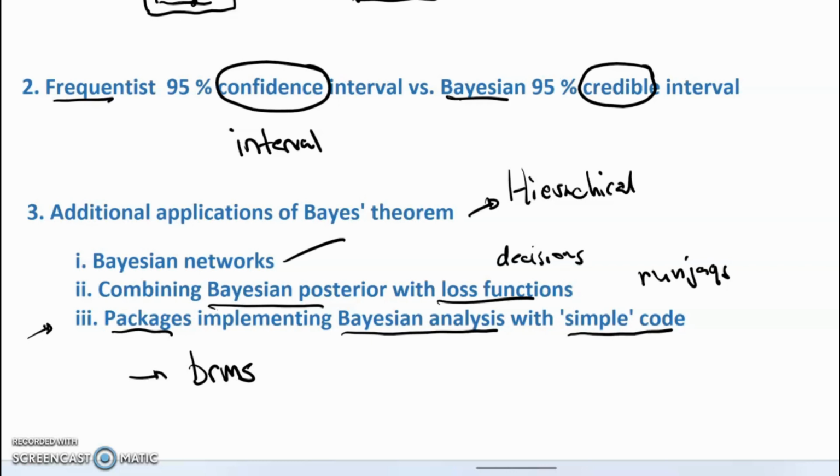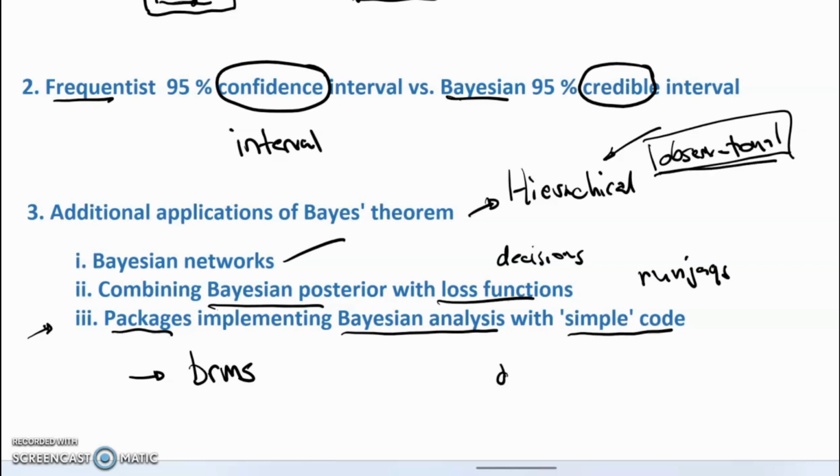And the advantage of looking at something like BRMS is twofold. First of all, when we talked about our hierarchical models, those are particularly relevant when you've got observational studies. So we observed the number of offspring produced by any one bird. We observed the bird's age, the bird's territorial size. That was an observational study.